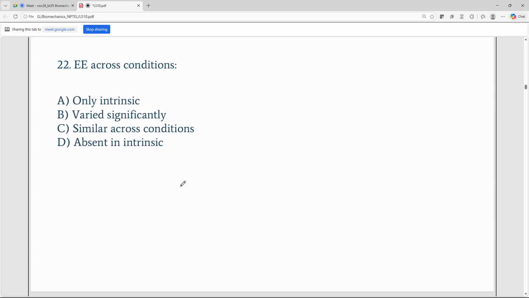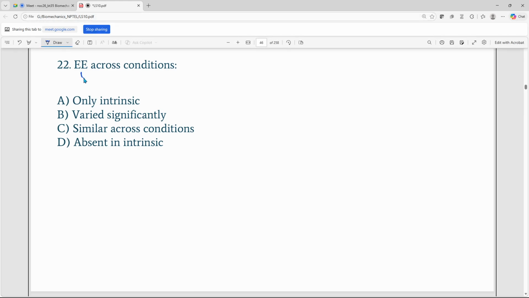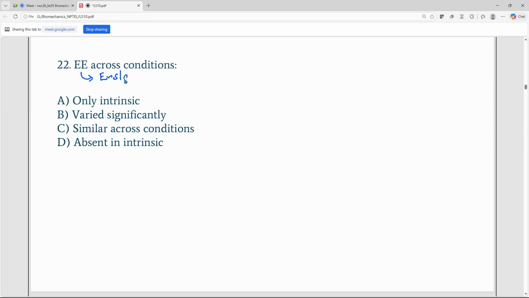Next question. The EE across the conditions. EE refers to enslavement effect. How is the EE observed across the conditions? Option A, only intrinsic. Option B, varied significantly. Option C, similar across conditions. Option D, absent in intrinsic.